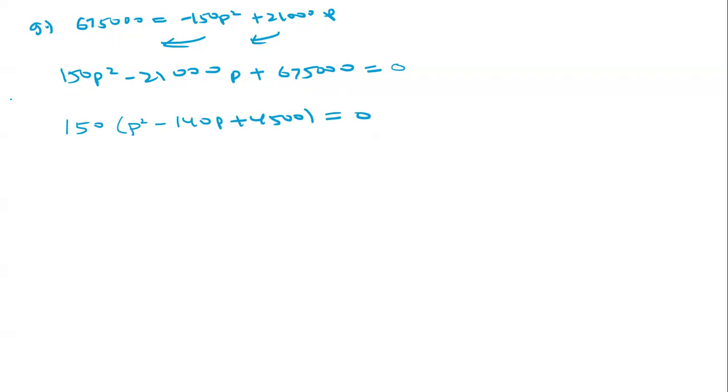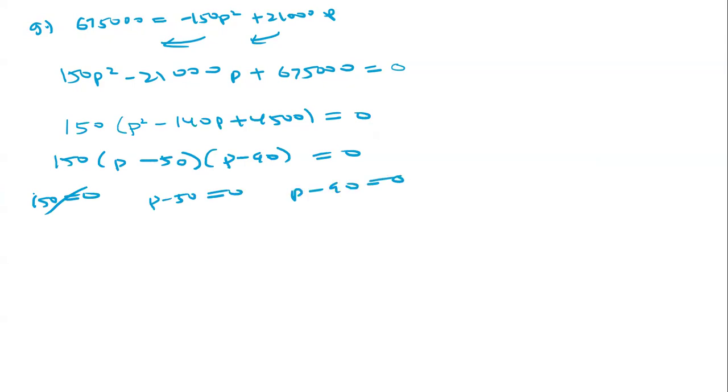Then I'm going to factor this. We get 150 times P minus 50 times P minus 90 equals 0. Now 150 equals 0 doesn't mean anything, but we're going to set these other two to 0. So P is equal to 50 and P is equal to 90.